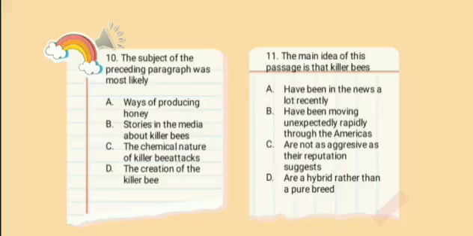D. Are a hybrid rather than a pure breed. And the answer is A. Because generally the main idea often appears at the beginning of the paragraph and can be seen there.